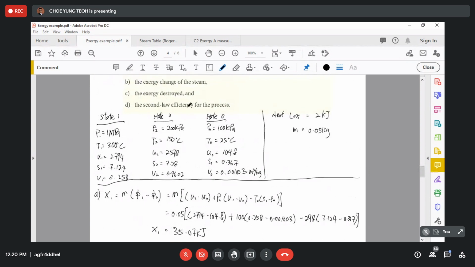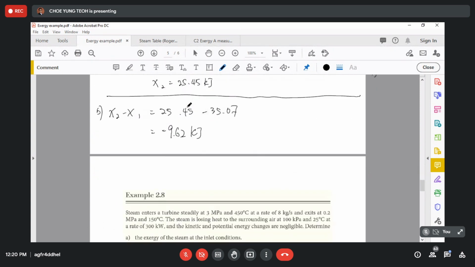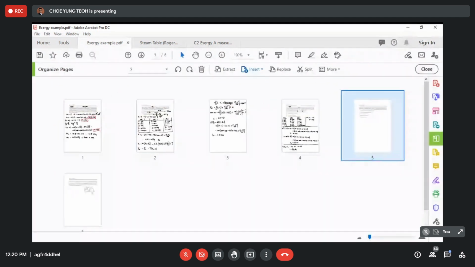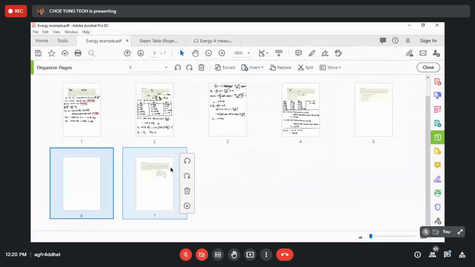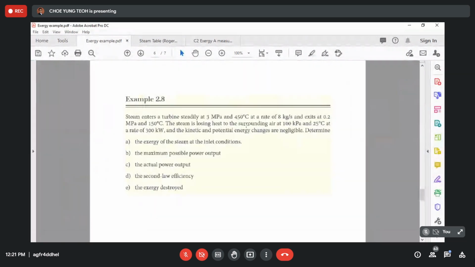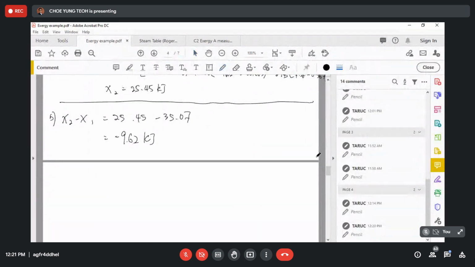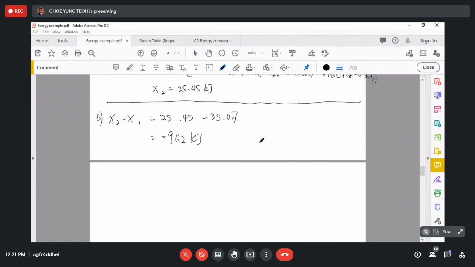And then third one, exergy destroyed. Exergy destroyed, normally we refer to the irreversibility and any other losses.